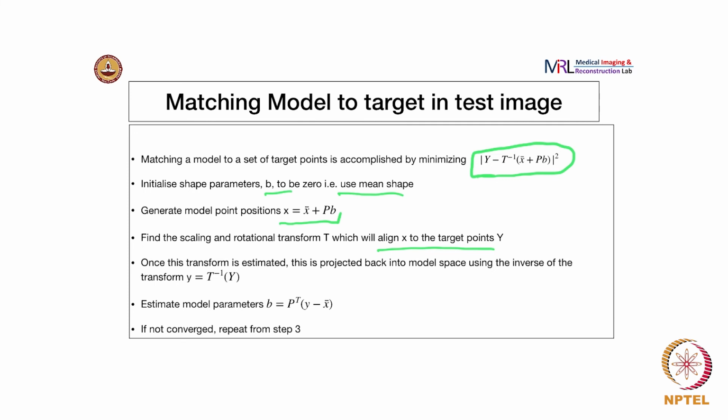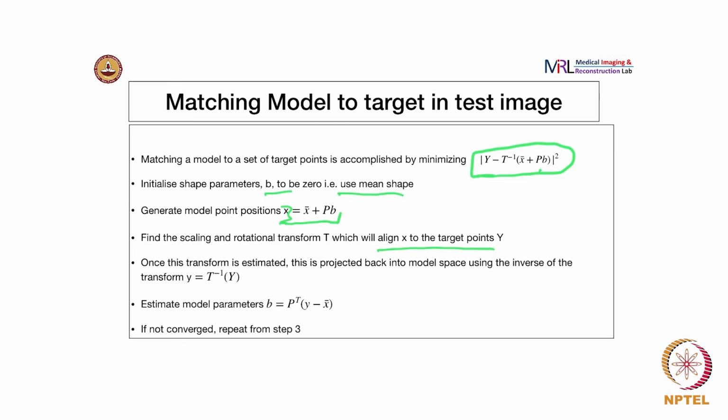Once you have estimated it, you would want to project this back into the model space. You have taken your model B, which is your shape model, and projected it into X space, put it back in the image, and aligned it with the target points Y by estimating a transformation.